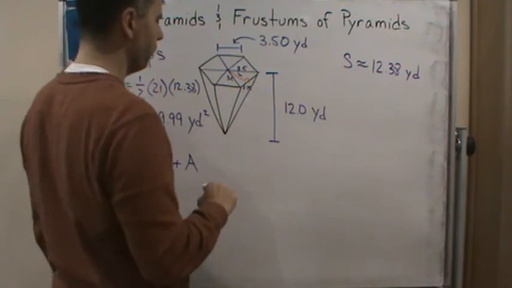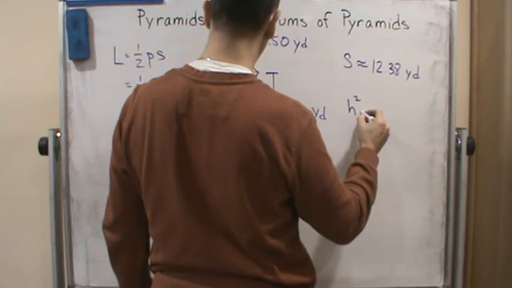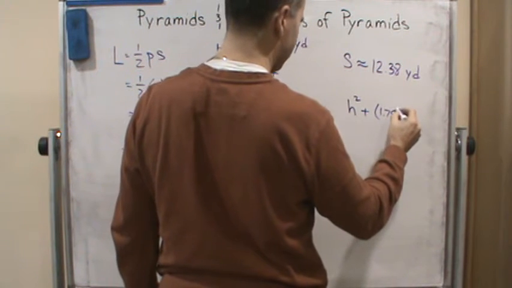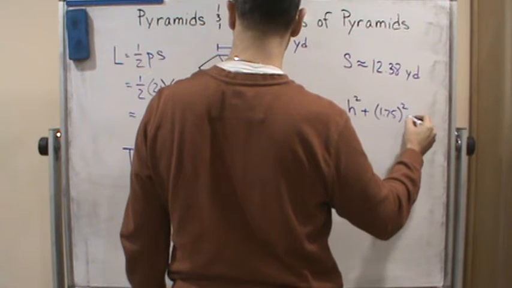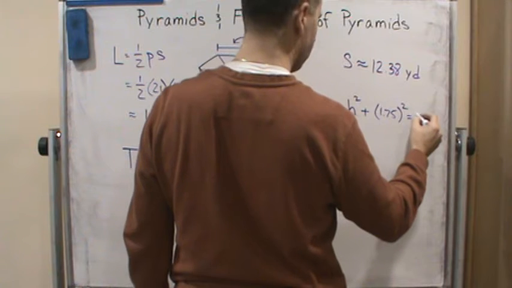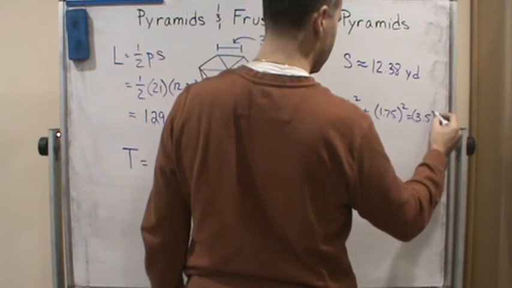And so what do we end up getting? We end up with h squared plus 1.75 squared is equal to 3.5 squared.